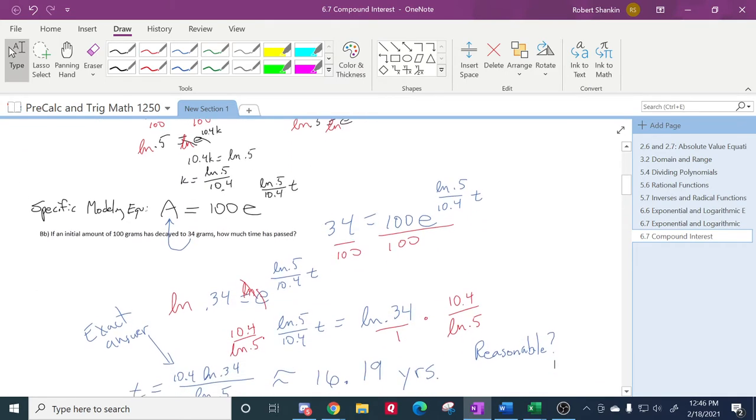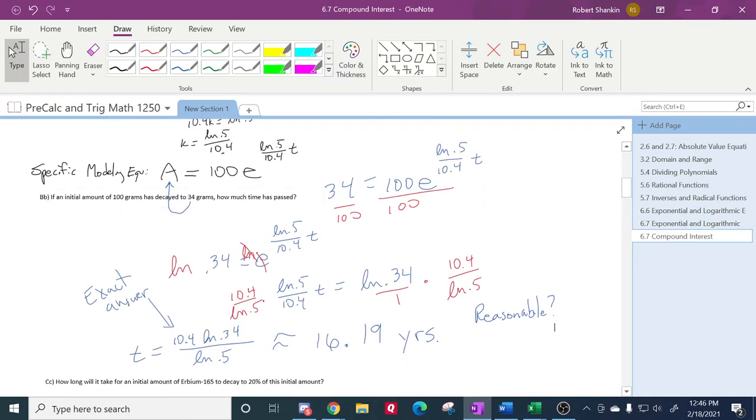In 10.4 hours, it would have decayed to 50 grams. So it's going to take more than 10.4 hours. Now, it wouldn't go all the way to double 10.4, which would be 20.8, because then the 50 grams would have gone down to 25 grams. So it would be somewhere between 10.4 and 20.8.